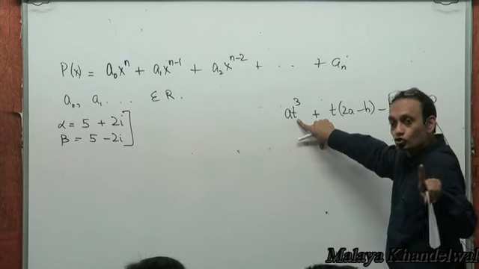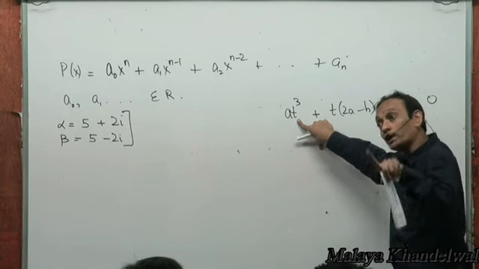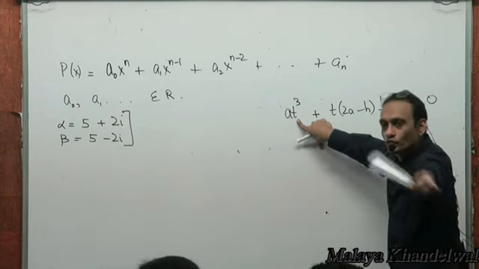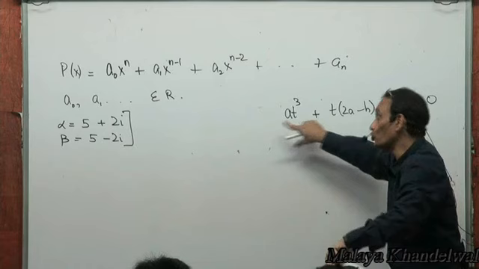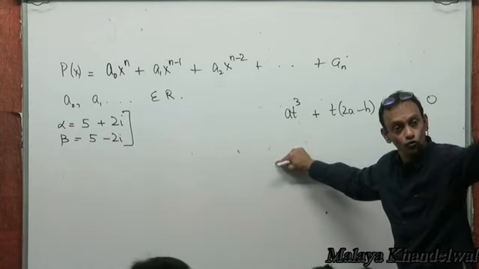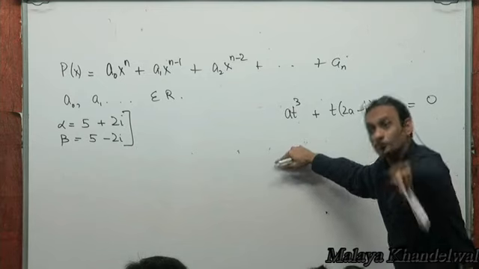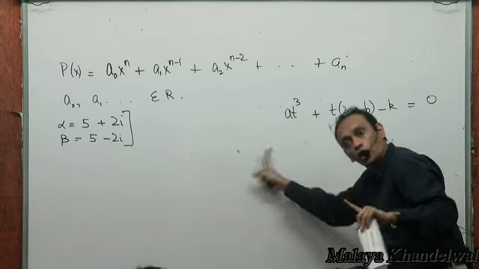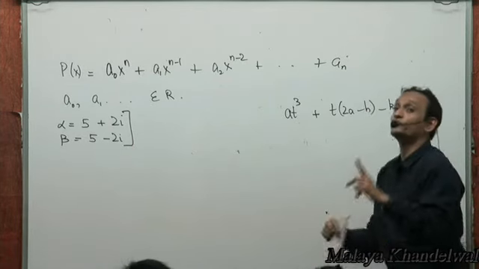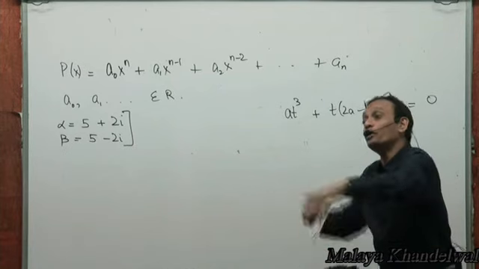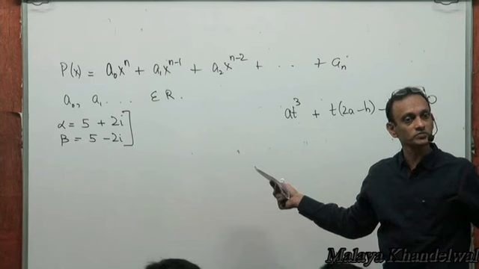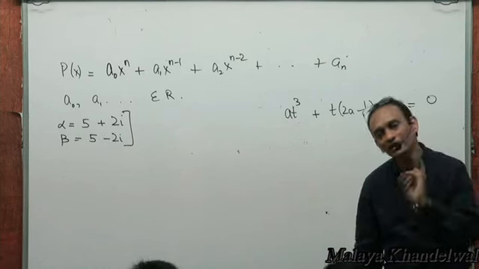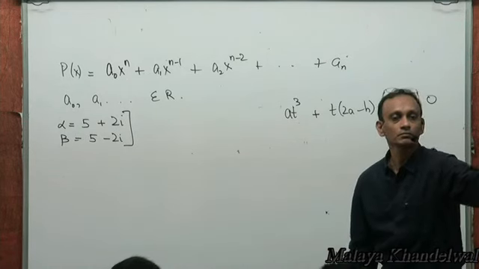So this can have either 0 complex roots and 3 real roots, or 2 complex roots and 1 real root. So either all 3 normals will be real, or there would be 1 real normal and 2 imaginary normals. That's the only possibility. So 1 real normal is always guaranteed from any point. You know what I'm saying?